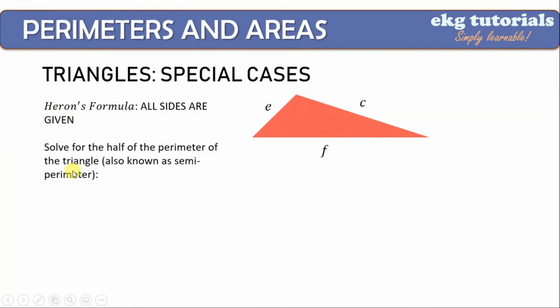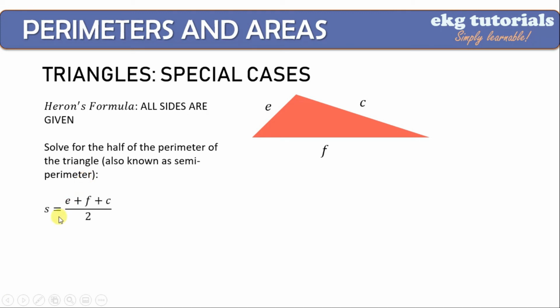Basically, first you solve for half of the perimeter of the triangle, which is also known as the semi-perimeter, where semi means 1/2. So it is half of the whole perimeter of our triangle.